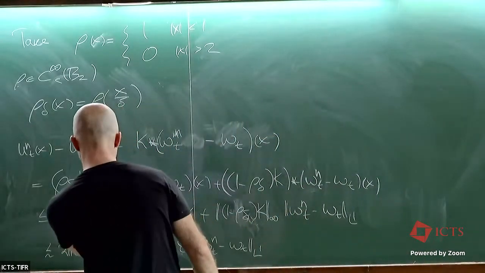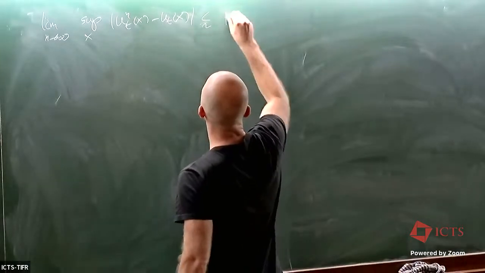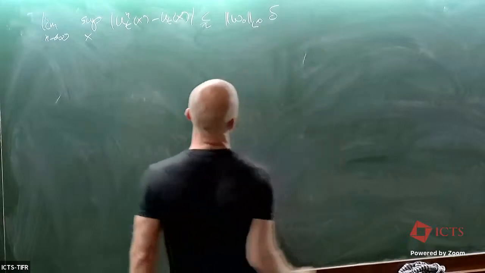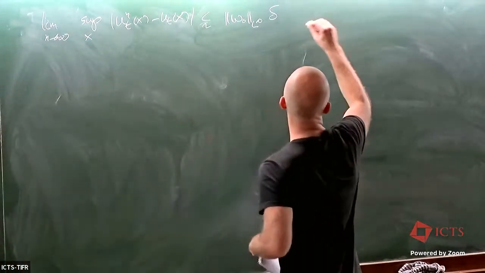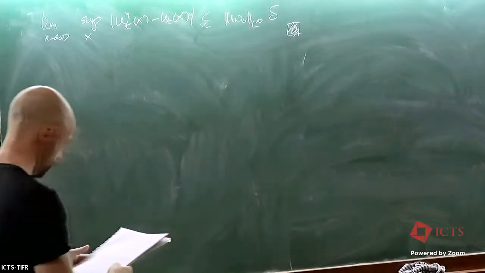And you're left with some constant, depending on omega naught in the L infinity norm, times delta. And delta was arbitrary, so you just send it to 0, and you're done. Any questions?